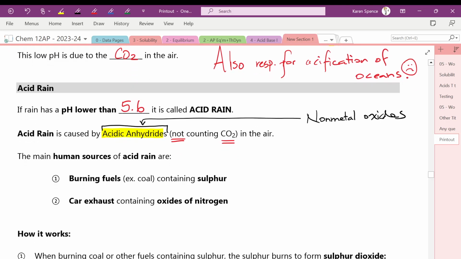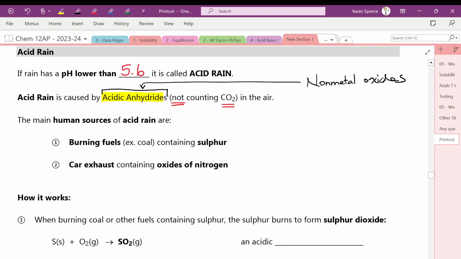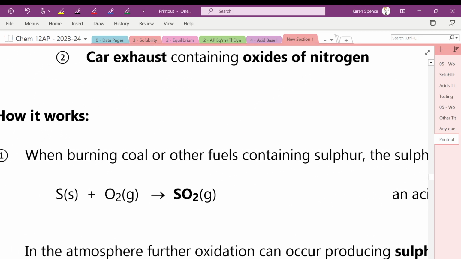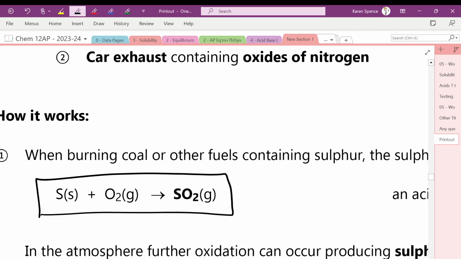In your car, if you have an internal combustion engine and not an electric vehicle, we get oxides of nitrogen. So how do these work? When burning coal or other fuels, S plus O2 gives SO2. Easy? Was that easy? Yeah.